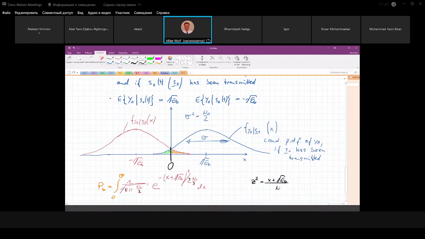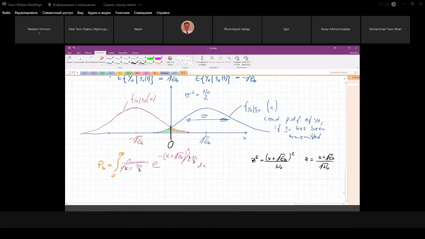So this is what you can see here: z is equal to x plus square root of E, divided by square root of N0. Substitution, and say dz, the derivative of z with respect to x, is 1 by square root of N0. Then we get the following integral at the end.